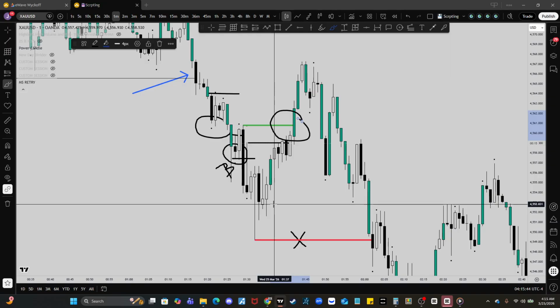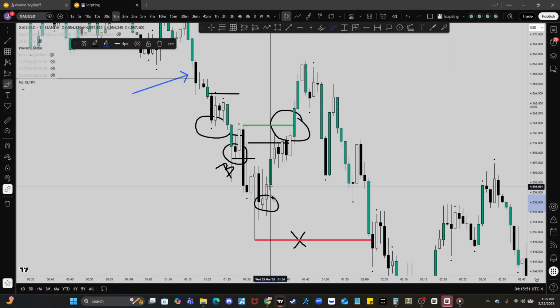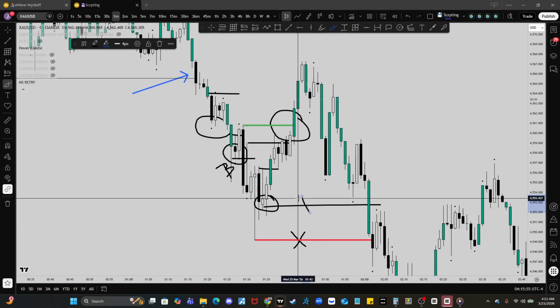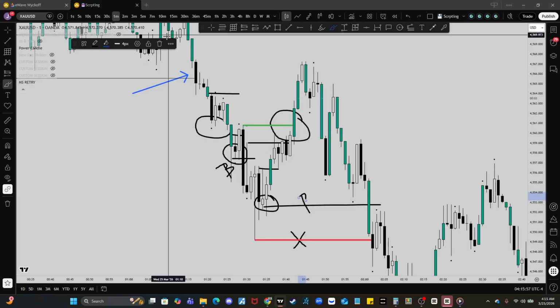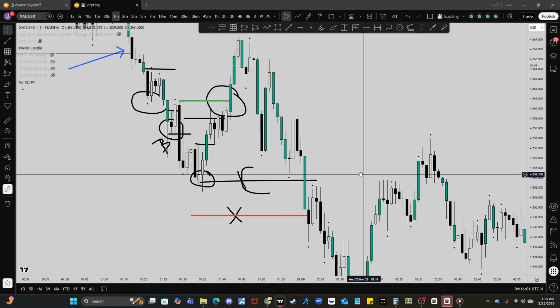But it should be this one. It gets closed over here. We should really have a new change of direction here, or something of the sort.